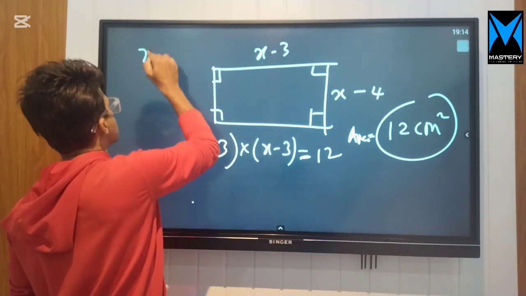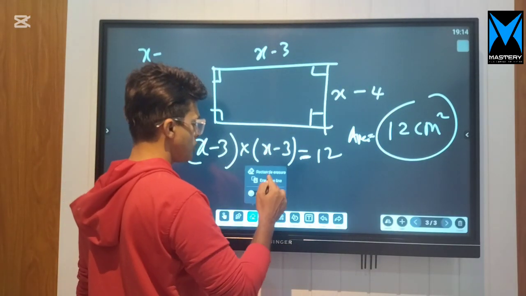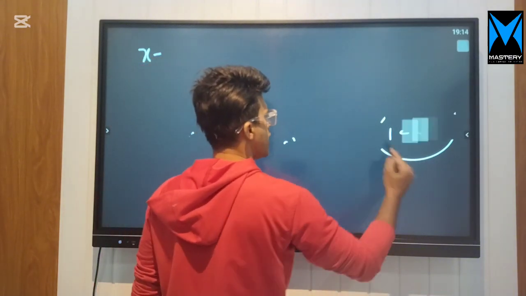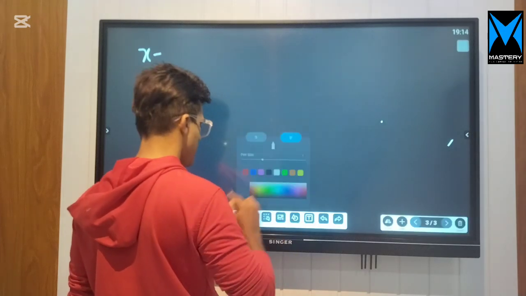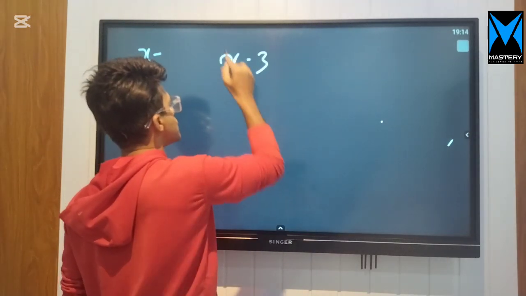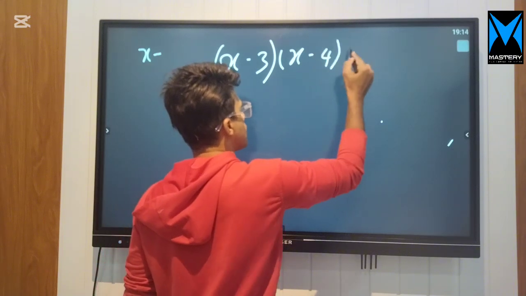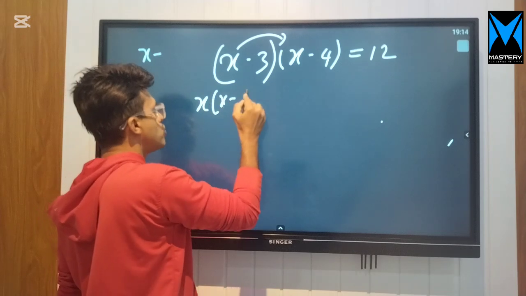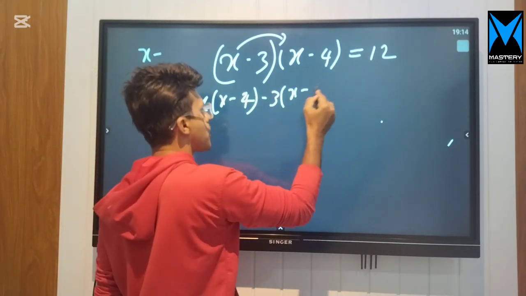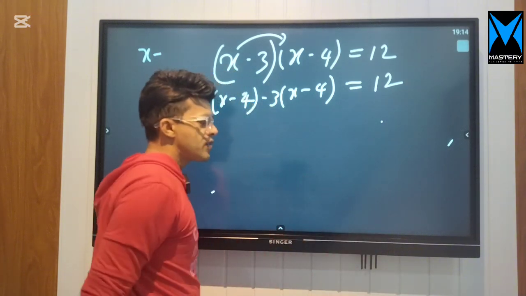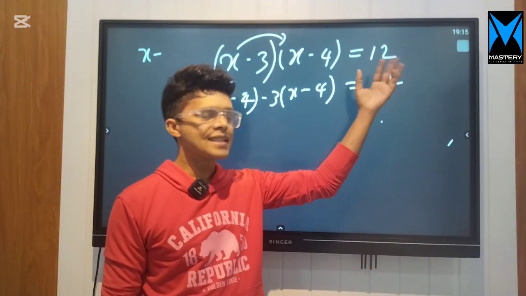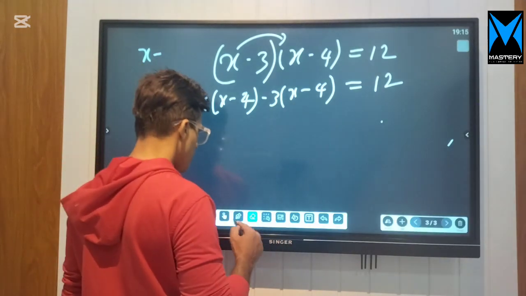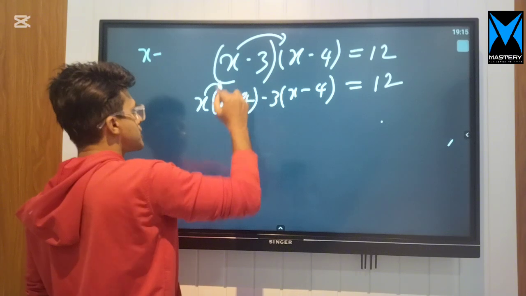Then multiply x minus 3 into x minus 4 equals 12, since the area given is 12. Let's remove the brackets. x into (x minus 4), after that minus 3 into (x minus 4) equals 12. x into x is x squared.